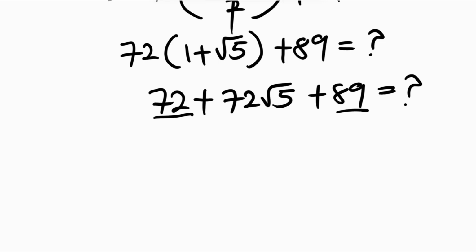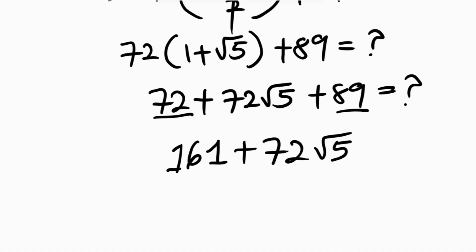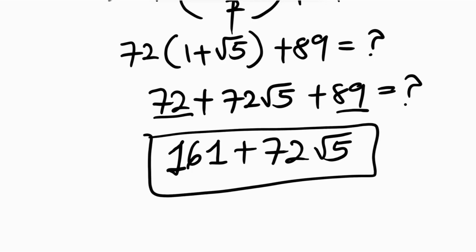So if we add these up, that's 161 plus 72 root 5. And I don't think we can simplify this any further. So this is our final answer.